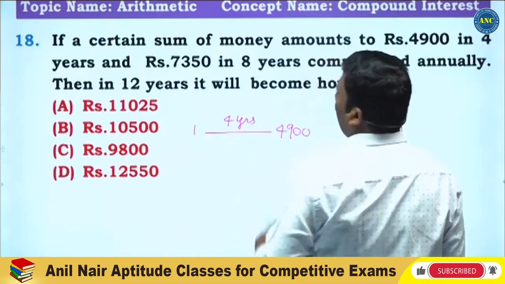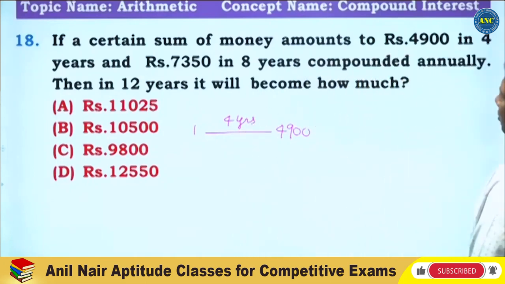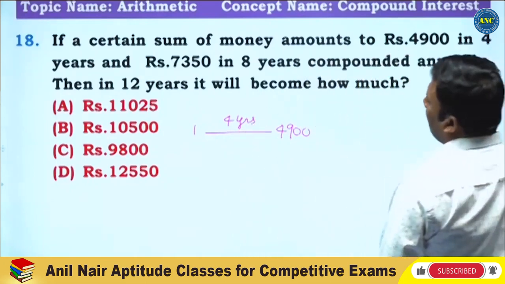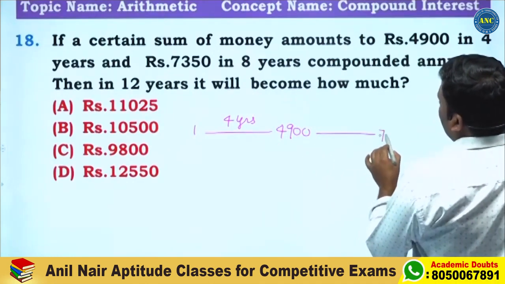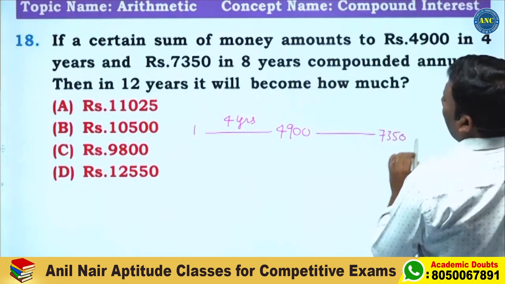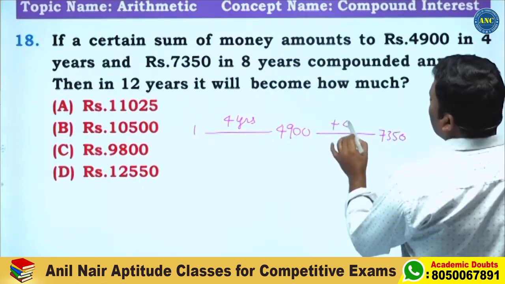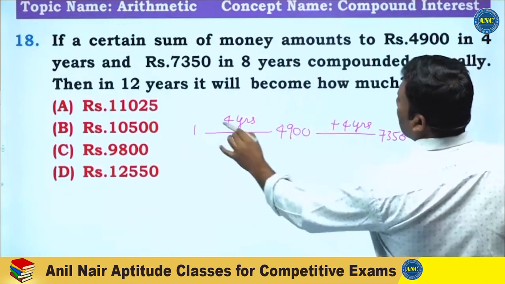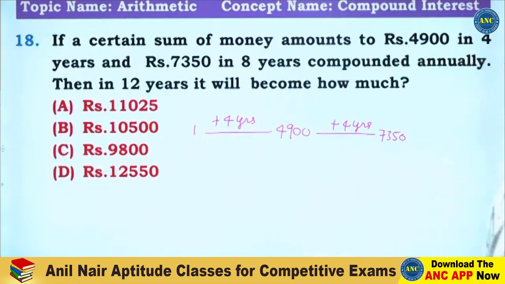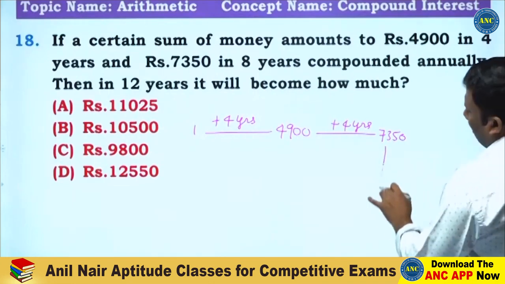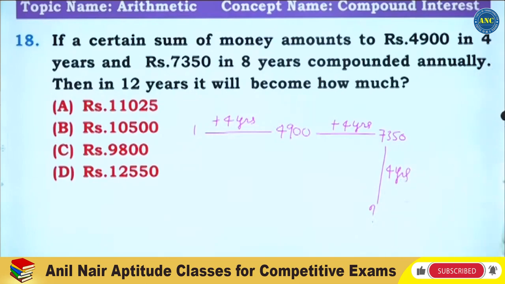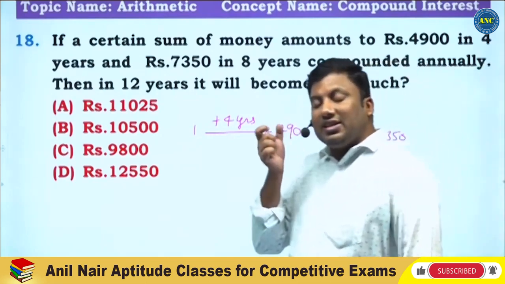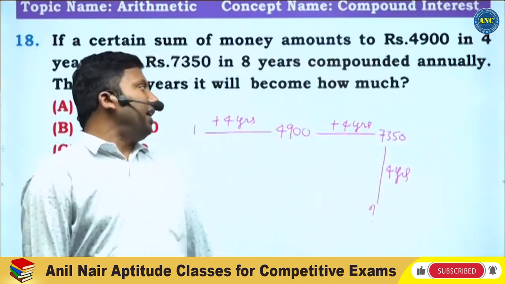In 4 years it is becoming 4,900 and it is becoming 7,350 in 8 years. That means in the next 4 years. Then in 12 years, next 4 years, how much will it be?